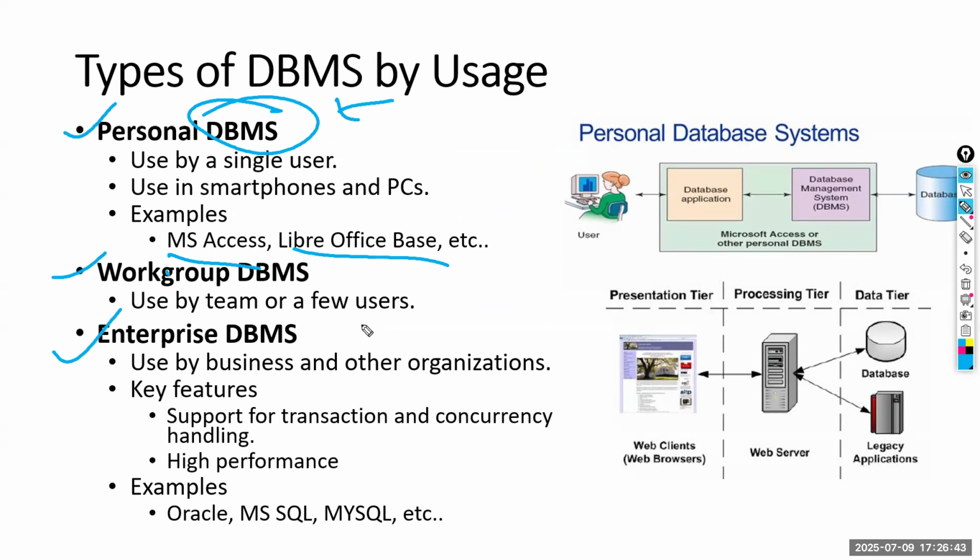Another example is your mobile phone. You have an address book, contact information in your mobile database. My smartphone also has an address book that is in my database. So you don't connect to my database, I don't connect to your database. Those are called personal databases.